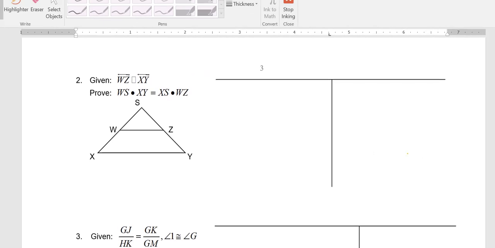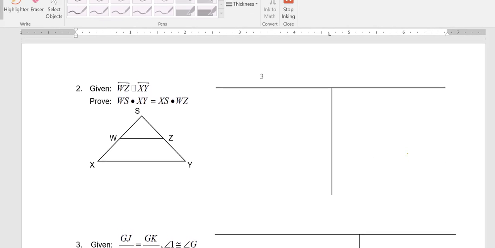Okay, one more proof here, and this proof starts out by saying that these lines are parallel. This is parallel to this. And you want to prove that WS times XY is equal to XS times WZ. I have to kind of work backwards and think about this.